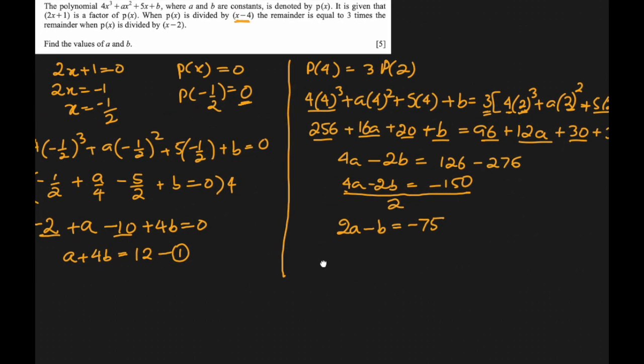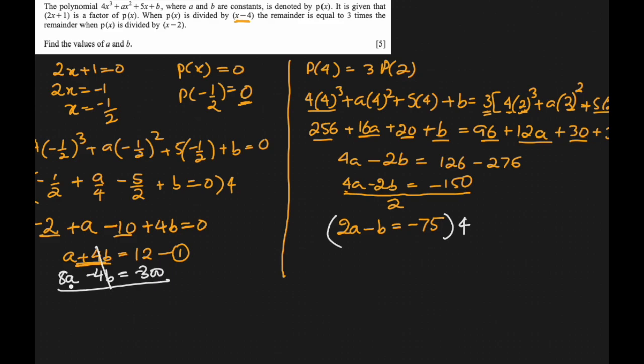And we had something here, a plus 4b, this one. Let me use elimination. For elimination, I will multiply this whole equation by 4 so that it becomes minus 4b. So it becomes 8a minus 4b equal to negative 300.